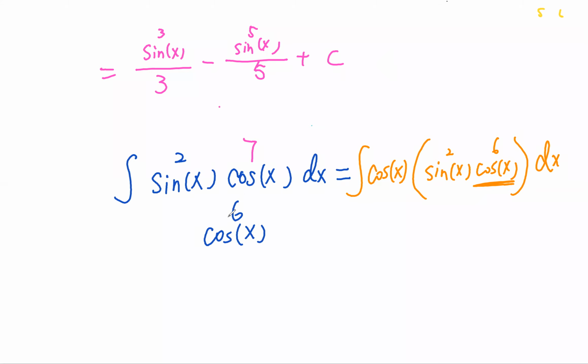The 6. Well, only you can do the square. To the square, so the square of cosine is 1 subtract sine squared.